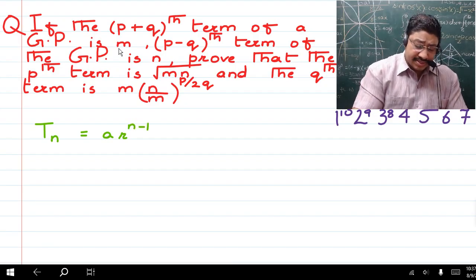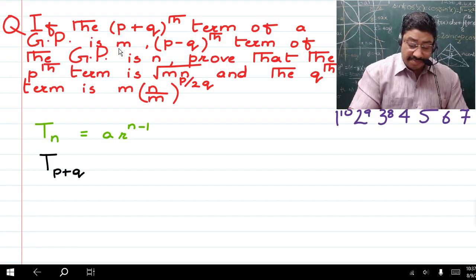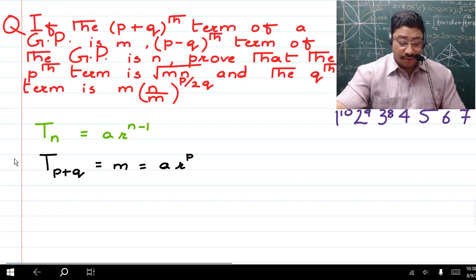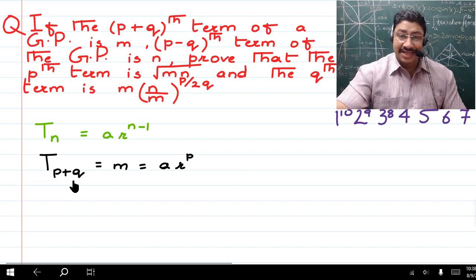Now, using this, we can write the p plus qth term, which has been given to us to be m. So T(p plus q) is equal to m, and further that, children, is equal to the first term A multiplied by the common ratio R, raised to one number less than the nth term, that is the p plus qth term.